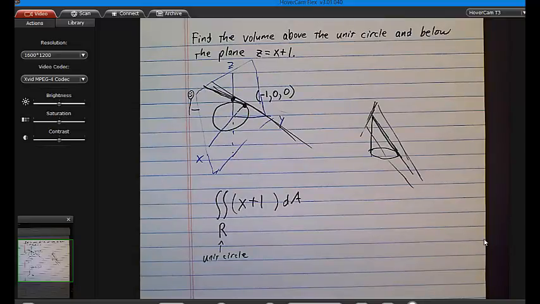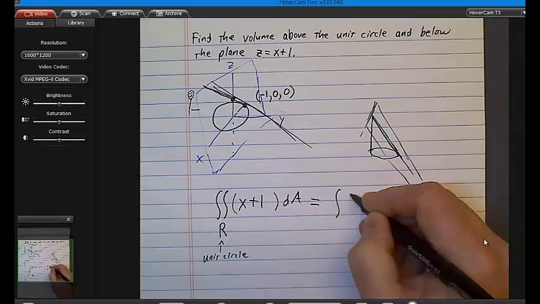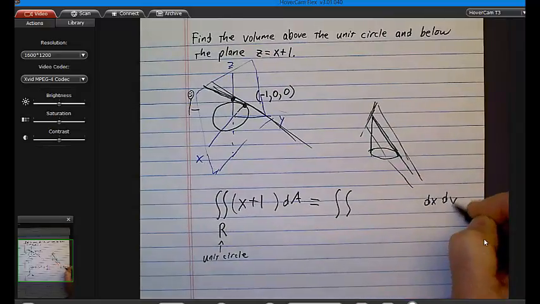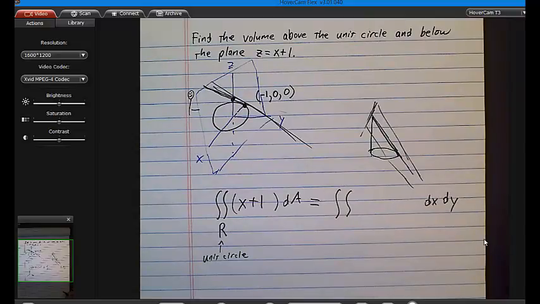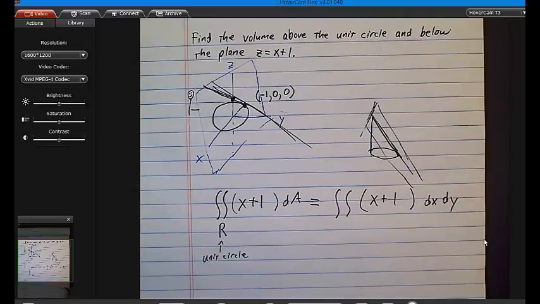Do I want to do dx dy or dy dx? Doesn't matter. Why don't we do dx dy just for fun? dx dy. Let's put my x plus 1 here. All right, so what are the y values?